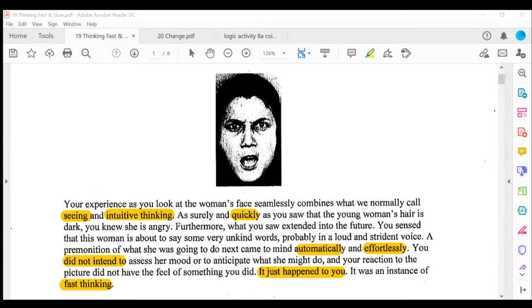It's actually an excerpt from a longer book. The things I've been highlighting here are words like intuitive, automatic, effortless, unintentional, involuntary, it just happened to you. All of this falls under the part of our mental processing that we refer to as fast processing.